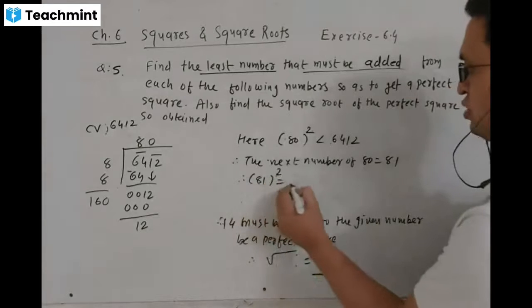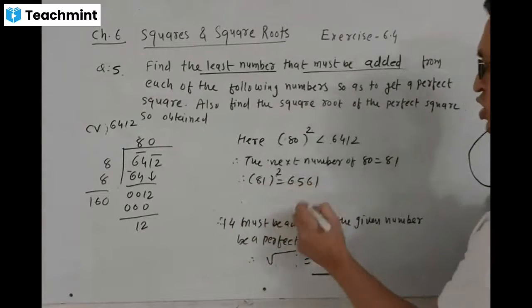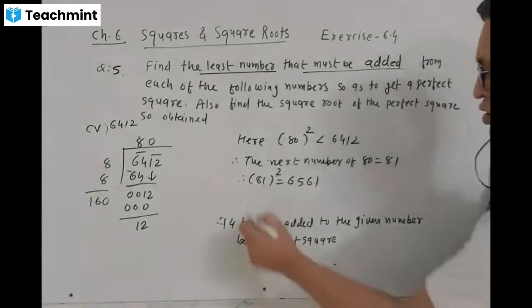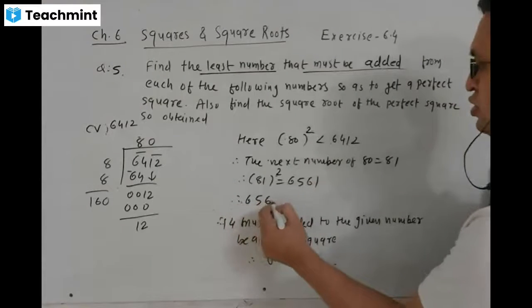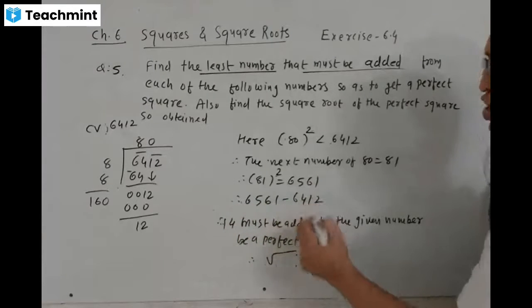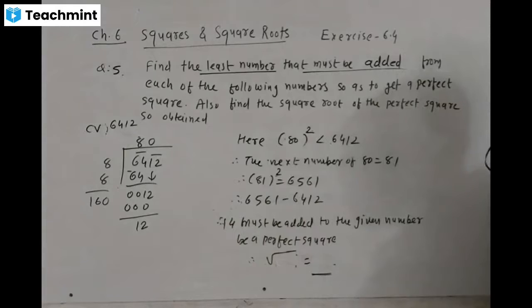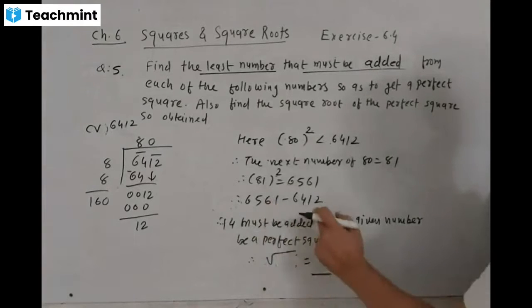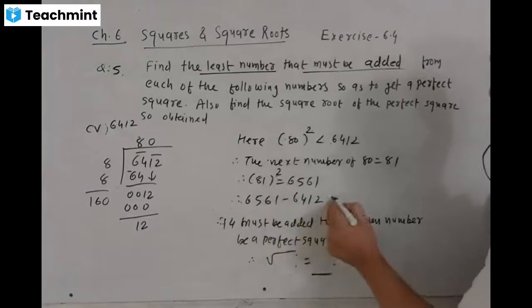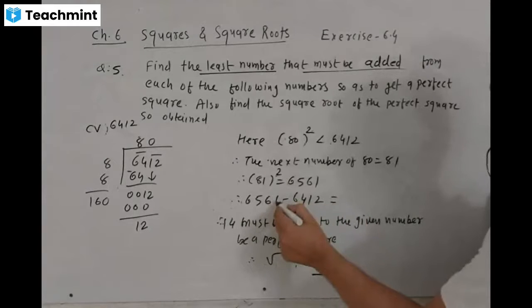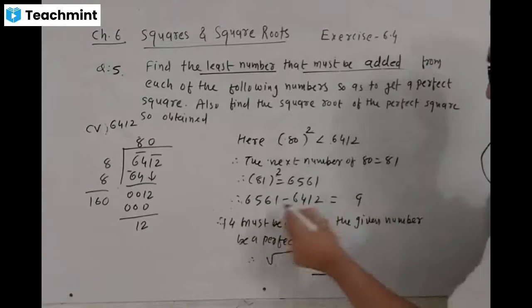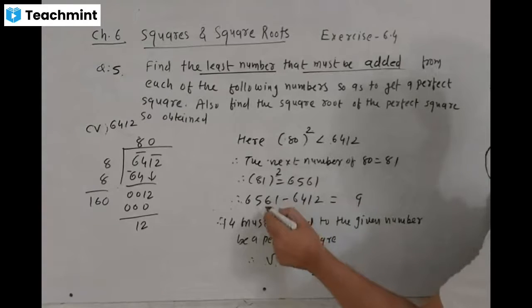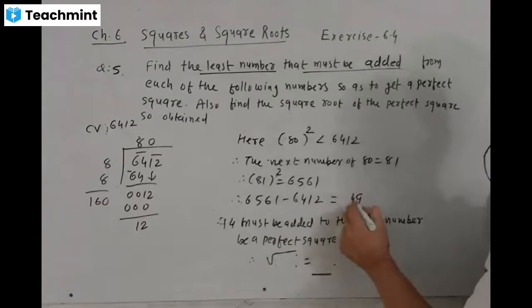Therefore 81 squared is 6561, and 6561 minus 6412 is equal to 149.